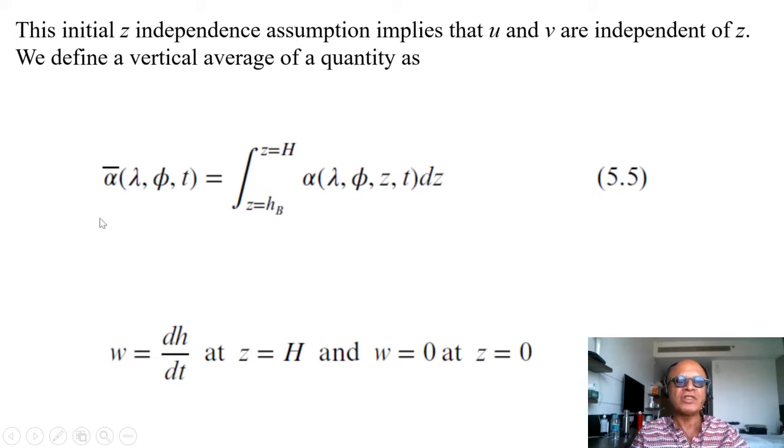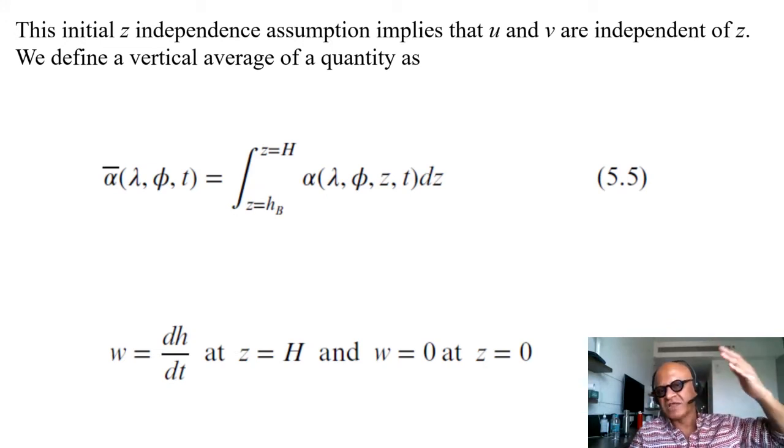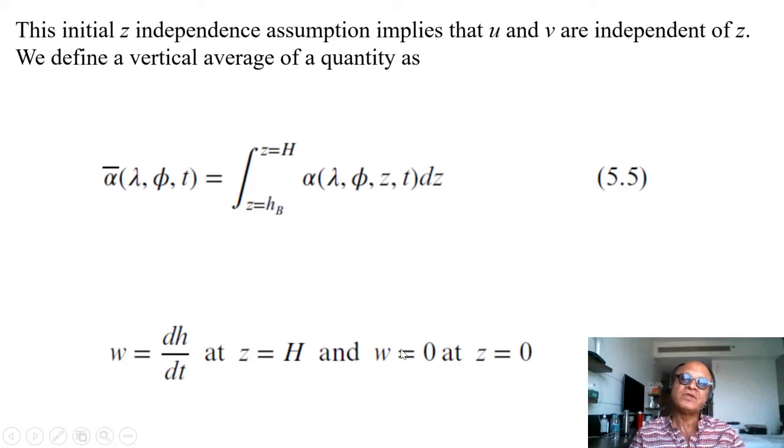So if you have a quantity alpha, when you average it in the vertical, you're going from the bottom, HB, to the top, H, and integrate in Z, which we do for W. At Z equal to H at the top, it is basically the variation of the surface itself. That's the W, right? At the bottom, W is equal to 0. Very straightforward, right?